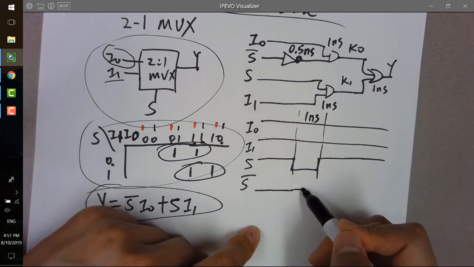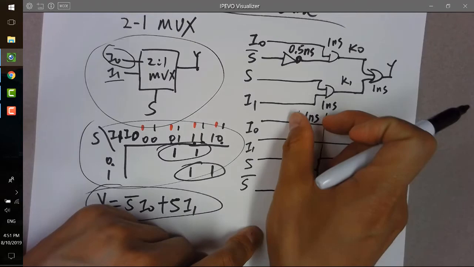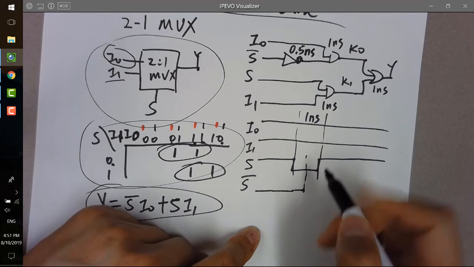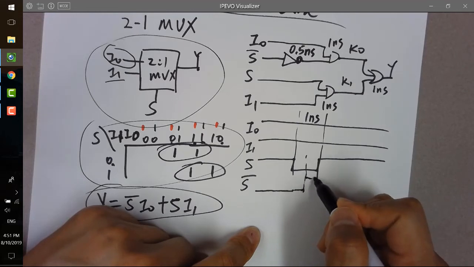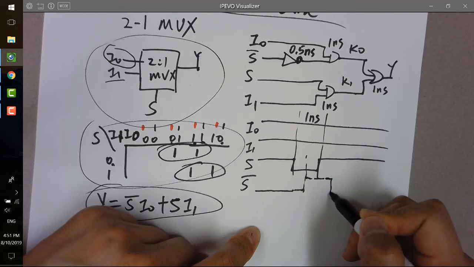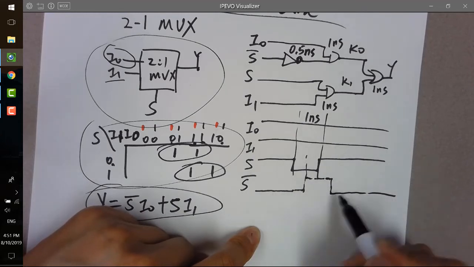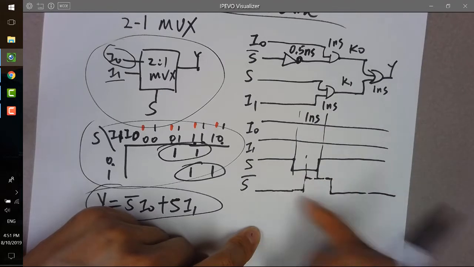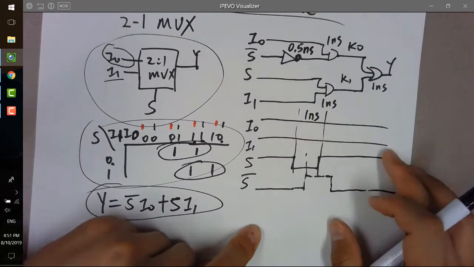So it's going to happen right in the middle, because the entire period here is 1 nanosecond. It's going to wait for 0.5 nanosecond, then change to logic high and then come back. So this signal does invert the S signal, however, with a 0.5 nanosecond delay. So that's how that happens.